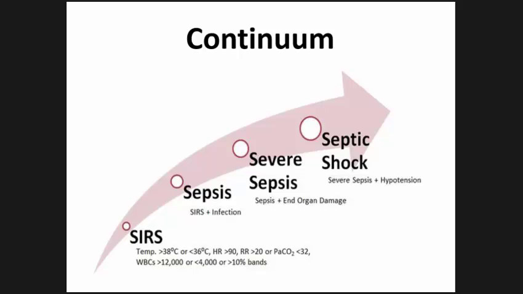And then it becomes severe and you get end organ damage because you have all your vessels leaking because of those inflammatory mediators. And eventually you have hypotension because you're no longer going to maintain your blood pressure because you're out of epinephrine and your tissues are starting to really get anoxic.